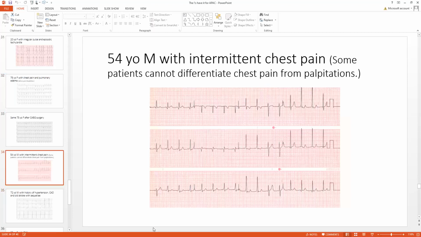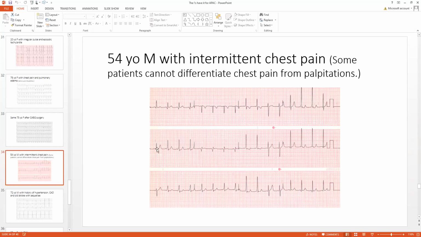All right, another take on WPW. Intermittent chest pain. Some people can't differentiate between ischemia and the conduction of electricity through the heart. So here's a patient who intermittently has WPW. Normal conduction, no repolarization changes.